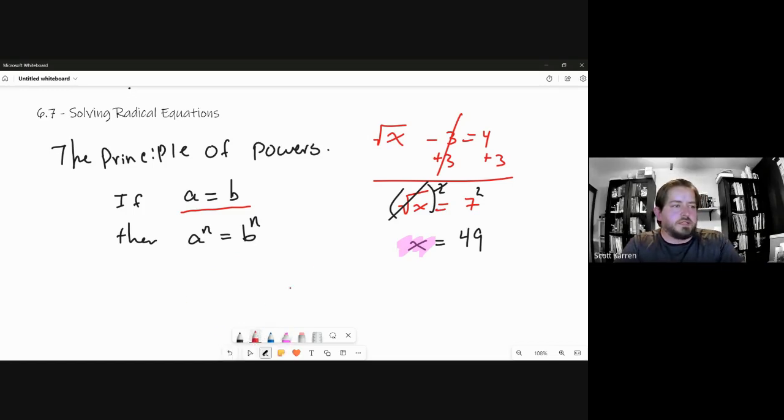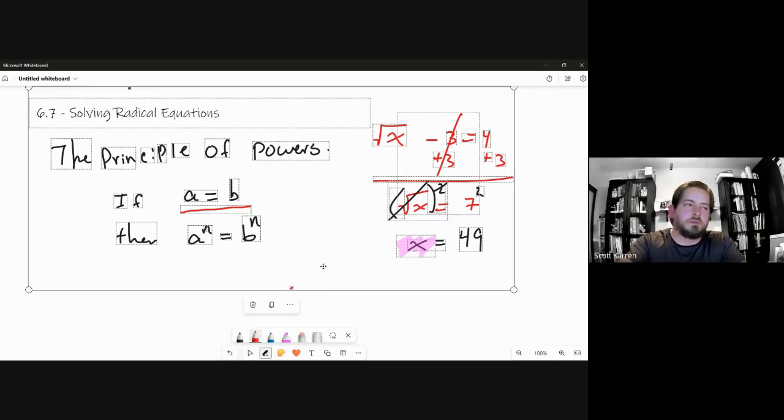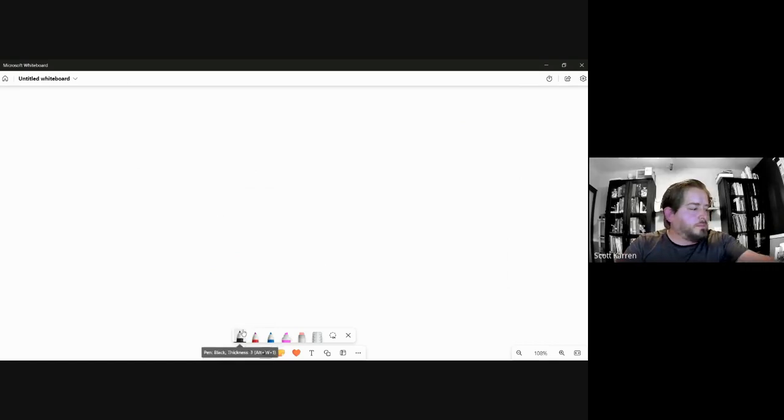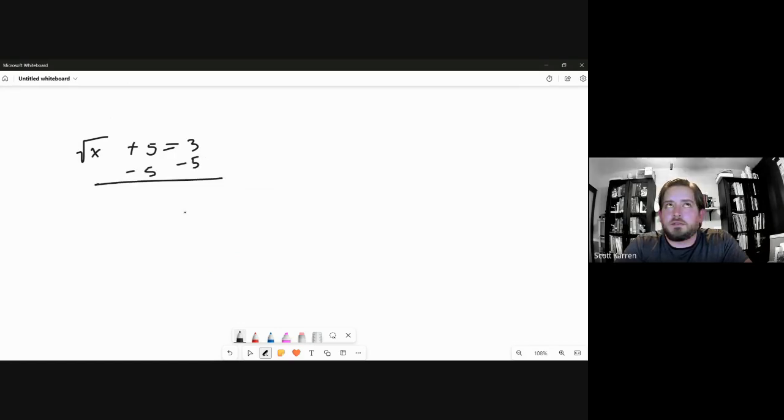So let's take a look at perhaps another one. Let's say I've got the square root of x plus 5 equals 3. So again, I'm going to solve for the square root of x. I'm going to isolate that square root of x. I'll do that by subtracting 5, again using that addition principle of equalities.